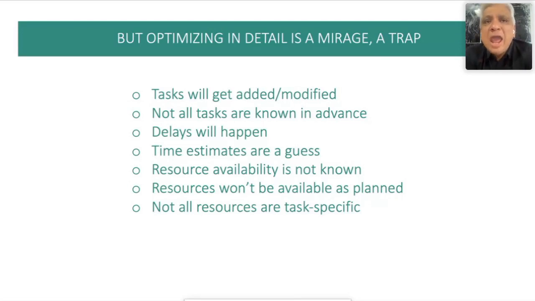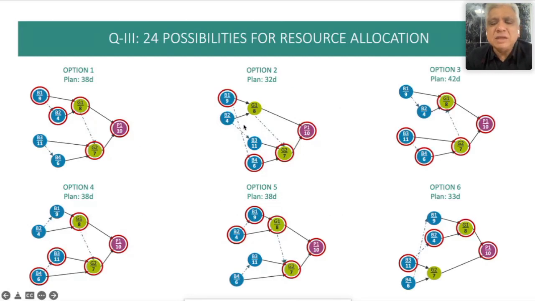And what you can see is the moment I change any of these numbers, the best option changes. So if I'm constantly changing my plan, my resource allocation, and still not knowing whether the project will be done on time, it's a pretty useless solution. Right?